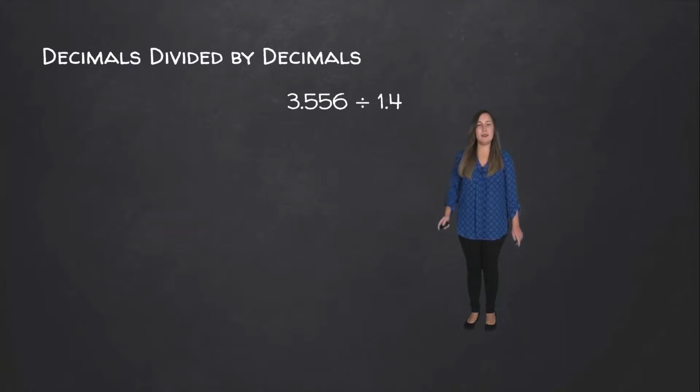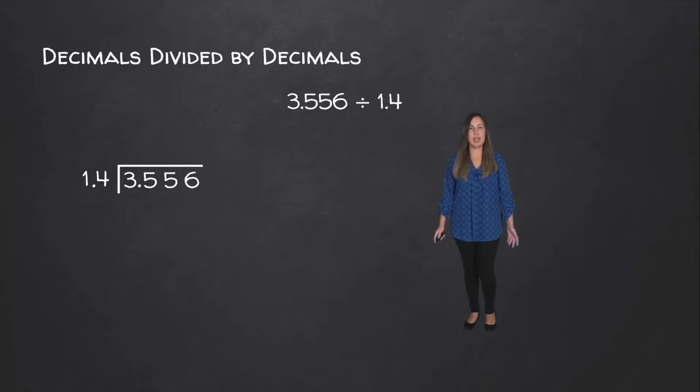Here we have 3 and 556 thousandths divided by 1 4/10. Now, 3 and 556 thousandths is our dividend, so that number goes on the inside, and 1 4/10 is our divisor, so that number goes on the outside. And now we have to multiply 1 4/10 by a power of 10 to make it a whole number.